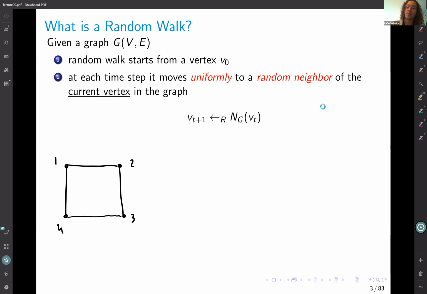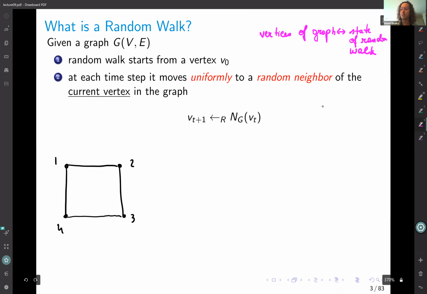Sometimes we will say that vertices of the graph correspond to the state of our Markov chain, or let's say a state of a random walk, since we didn't talk about Markov chains yet. So the vertices of the graph are the states of our Markov chain.